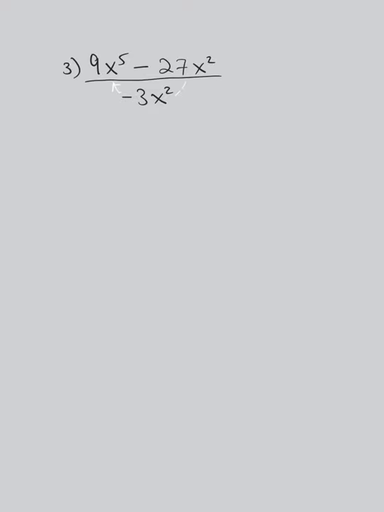So we still have a monomial in our denominator, so we can distribute it. All right, and so we have 9x to the fifth over negative 3x squared. Now be careful here. There's a minus in our denominator, so we just write that. Okay. But what do we have? Minus 27x squared over negative 3x squared.